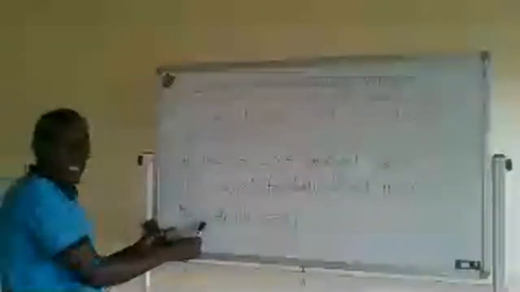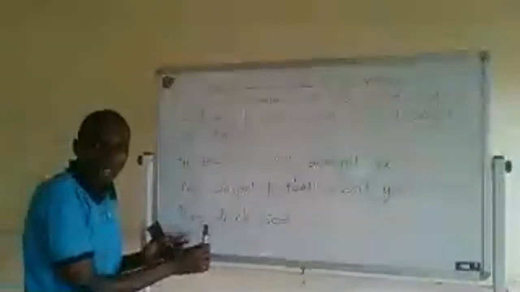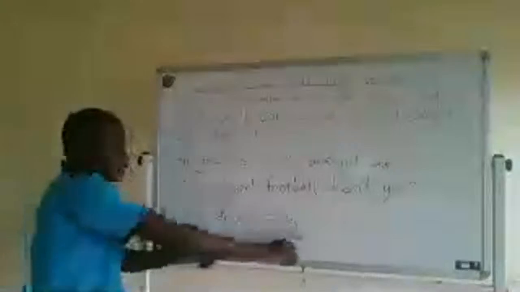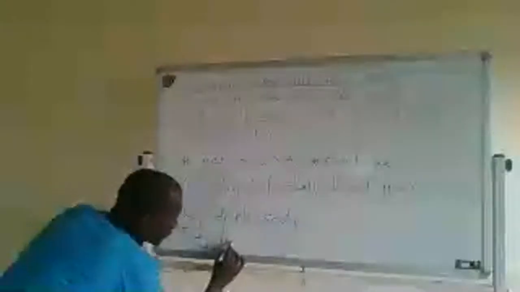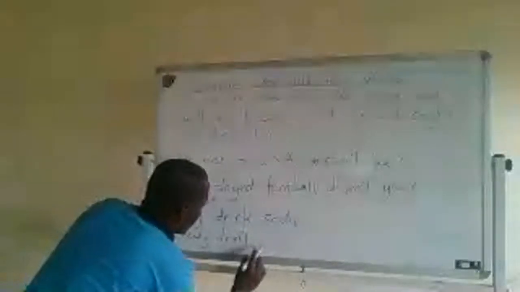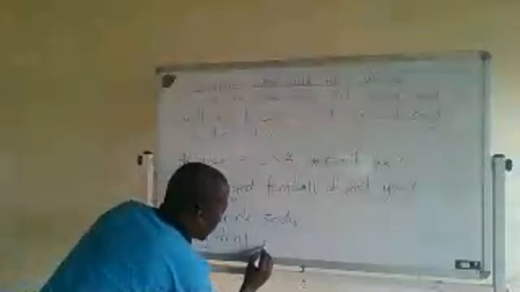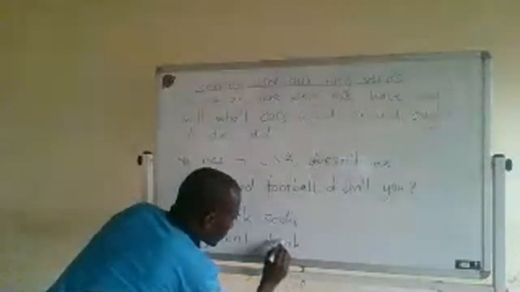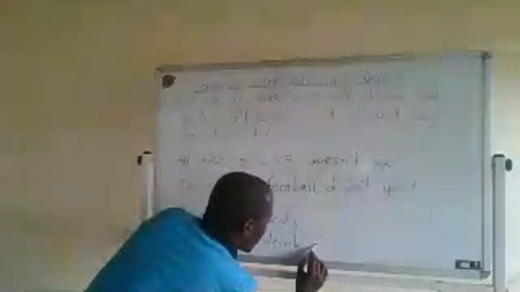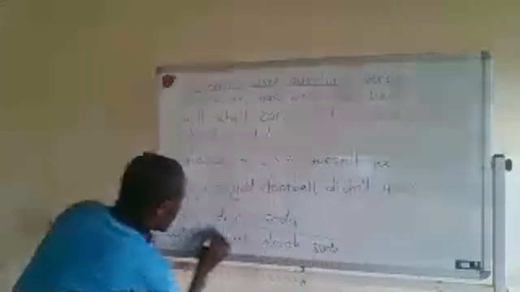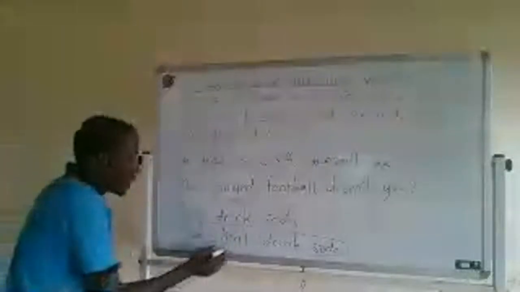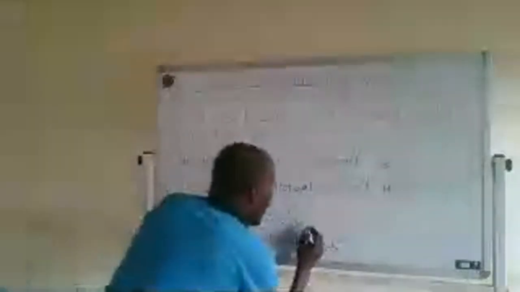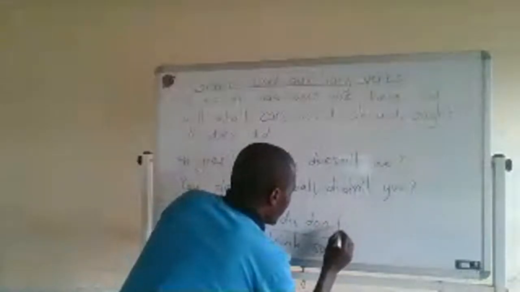Simply because we are talking about a plural subject pronoun, it means that when we are putting this one into negative, it's going to be they don't drink soda. So the helping verb which has been used is do. So here it becomes don't they.